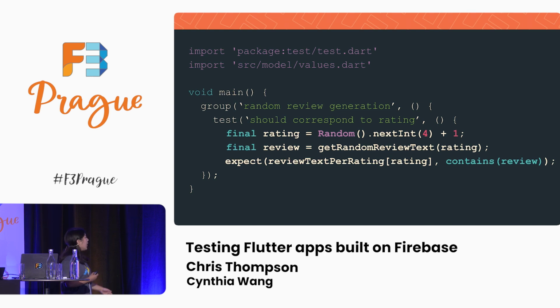So basically, 10 out of 10 would recommend for a 5 star, and something like I would rather eat from the compost for a 1 star. We are expecting that it outputs a text message from our JSON object, which is review text per rating. And Flutter will help us assert that expectation.